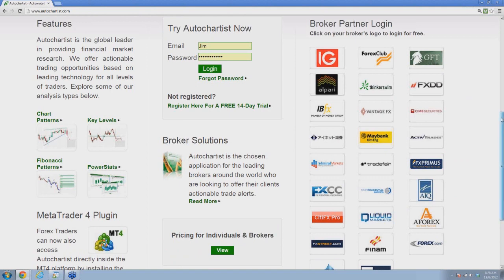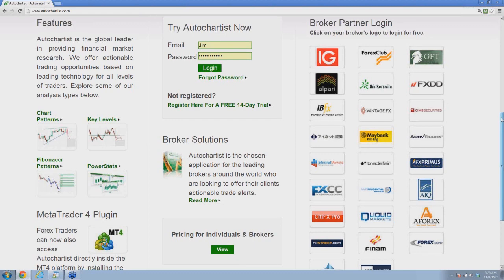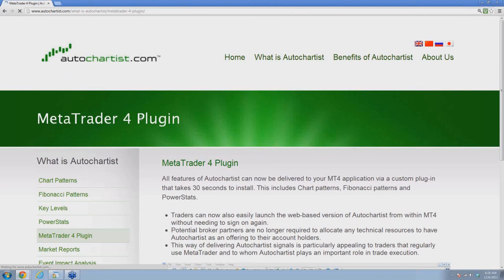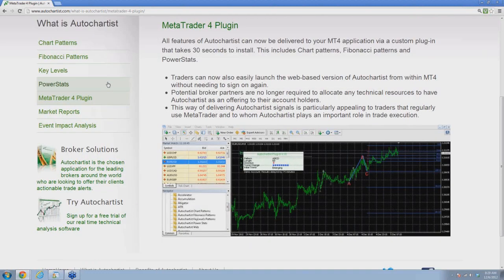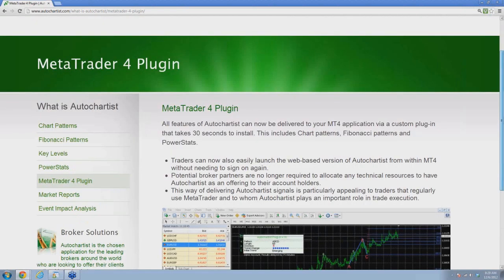If they do, then go to this MT4 plugin section and install the plugin by clicking on your MT4 plugin icon. Once you get the instructions and it automatically starts running and asks you some questions, you have very little to do, because like I said, it probably installs in about 30 seconds.